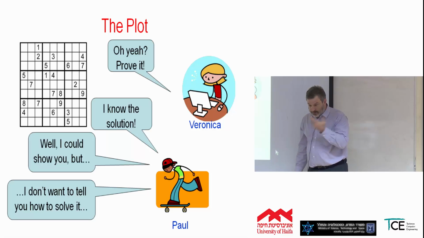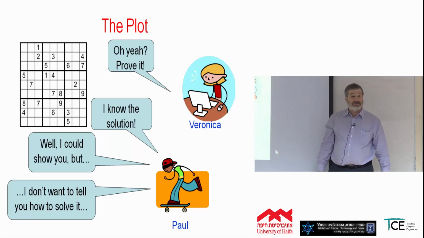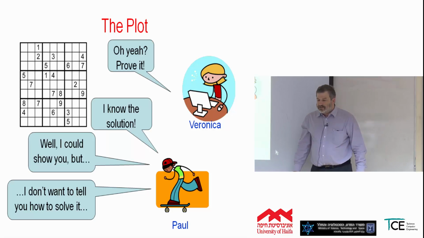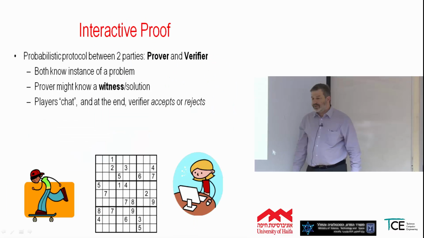I don't want to tell you how to solve it. You should do it on your own. So how can Paul convince Veronica that there is a solution, that he knows the solution, without, of course, ruining the puzzle for her? This is what zero knowledge is.